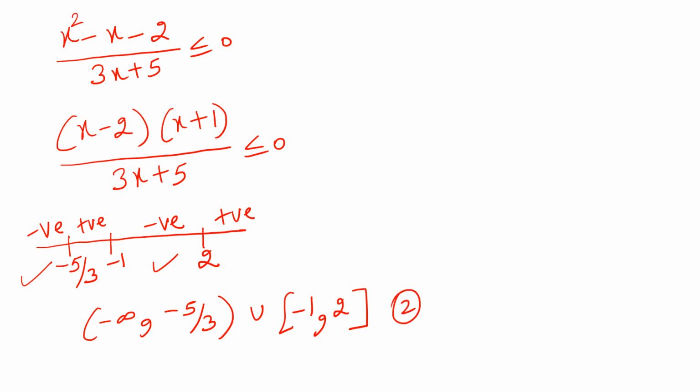Now the first interval is x greater than minus 5 upon 3. Now when we take the intersection of both of these intervals, we get x belonging to closed minus 1 to 2.